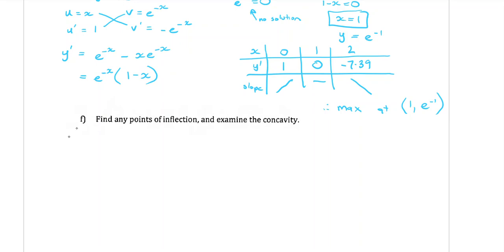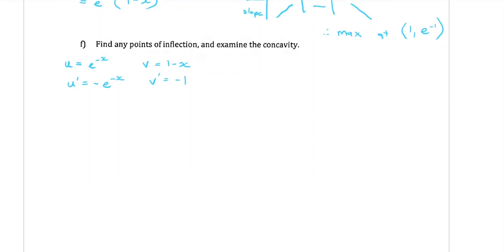U will be equal to e to the negative x, and v is equal to 1 minus x. So u dash is negative e to the negative x. v dash is negative 1. All right, let's put it into our product rule.